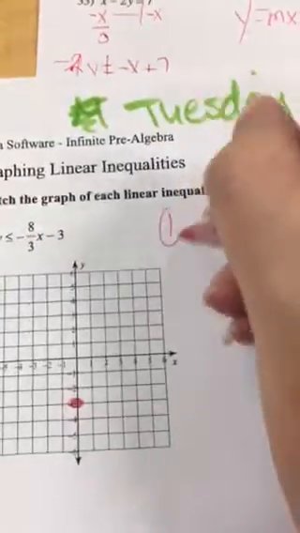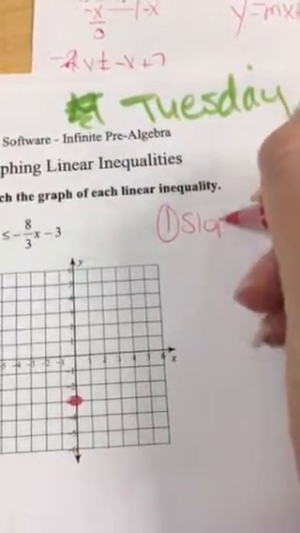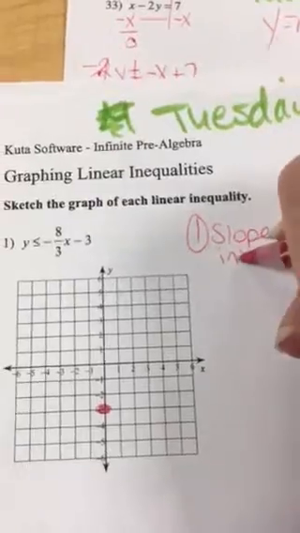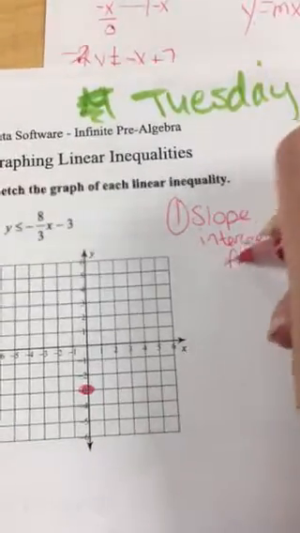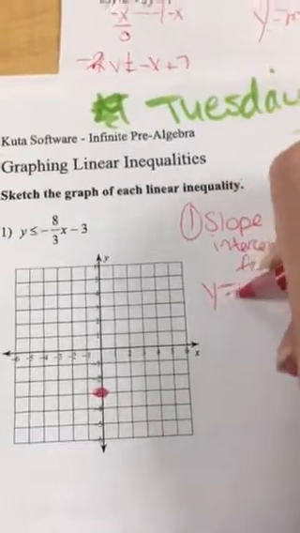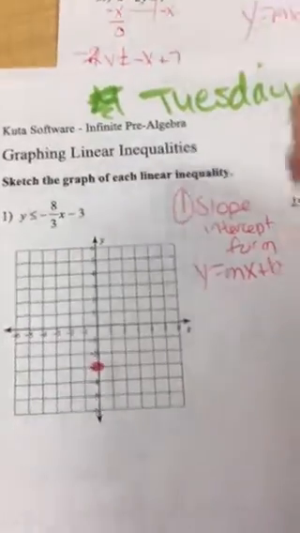I make sure it's in the correct slope-intercept form, also known as y equals mx plus b.